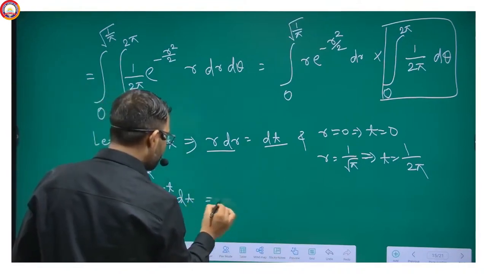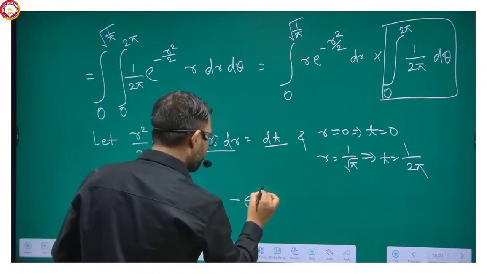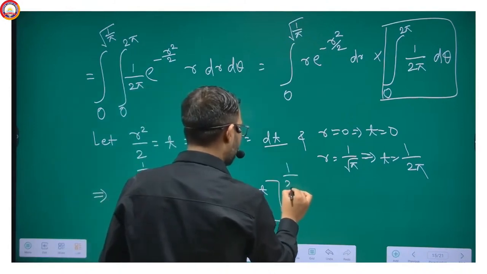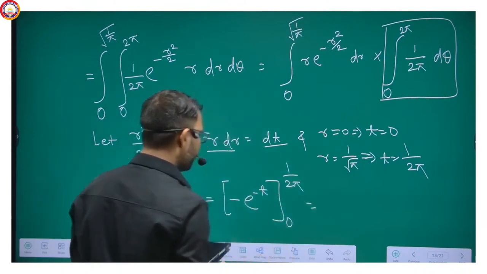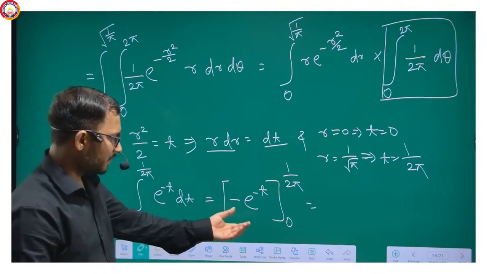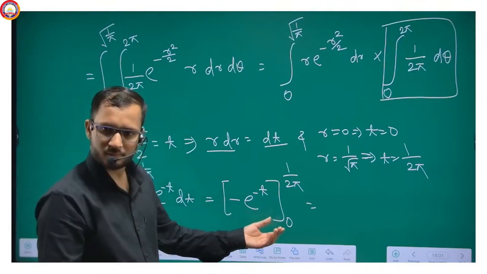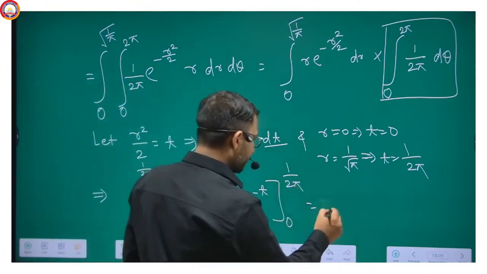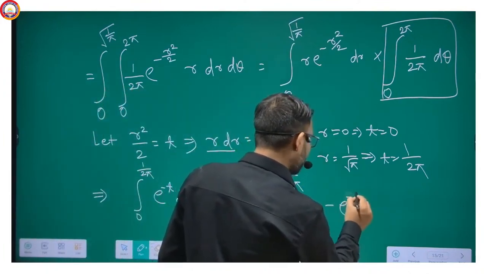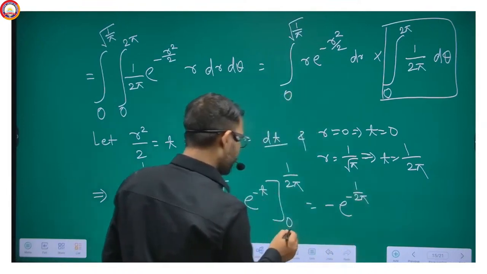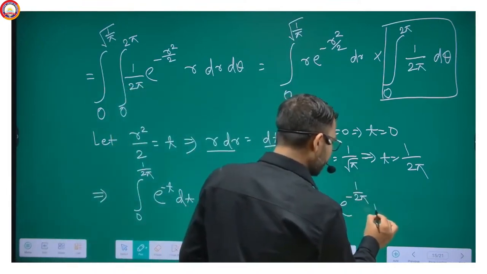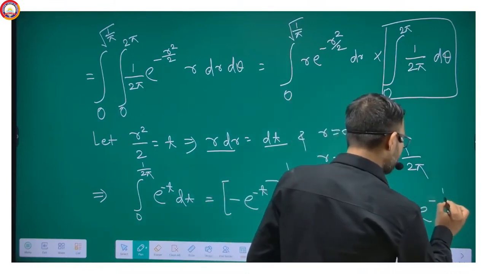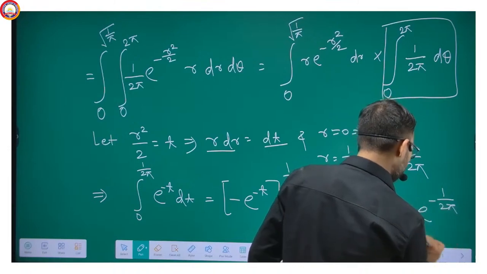And this will be minus e to the power minus t with limits 0 and 1 by 2 pi. When I put it, this will be minus e to the power minus 1 by 2 pi, and when we put 0, it will be plus 1. So it will be 1 minus e to the power minus 1 by 2 pi, and that's the answer.